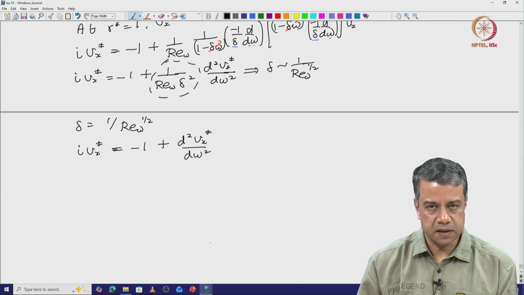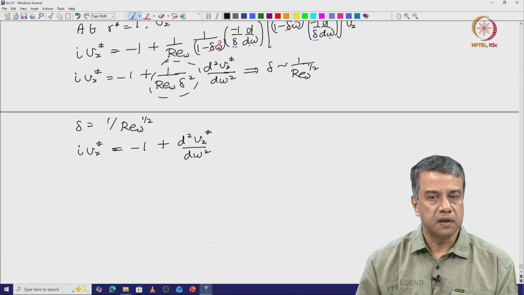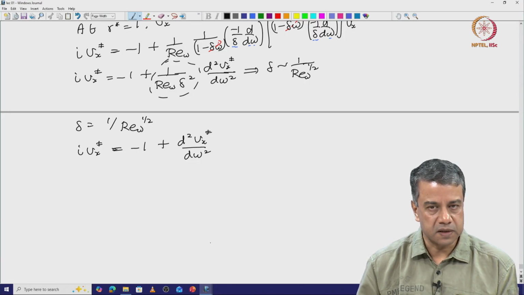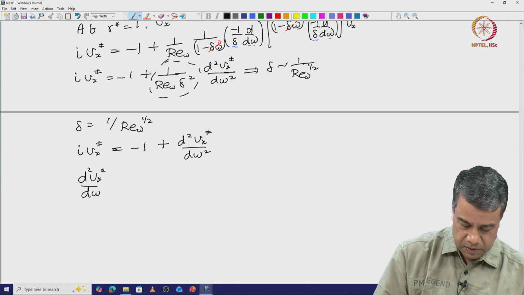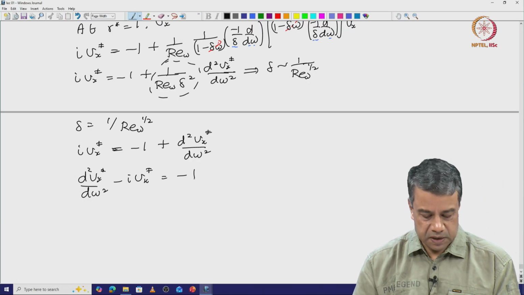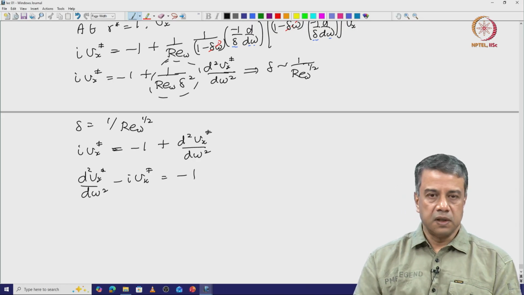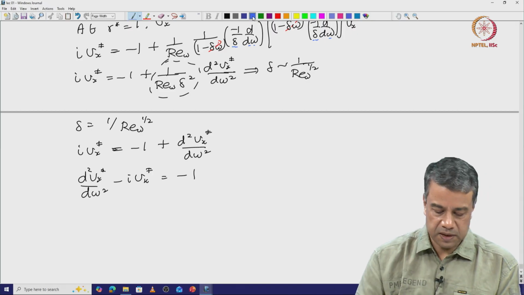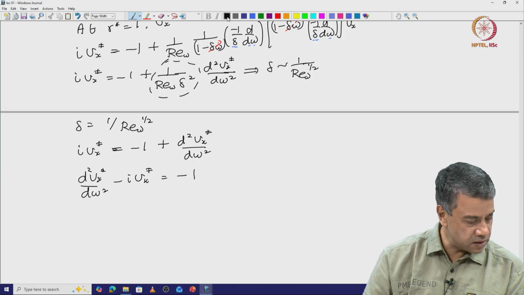This is once again an inhomogeneous equation, which consists of a general solution, which is a solution of the homogeneous equation d square Vx double dagger by dw square minus I Vx is equal to minus 1. The general part solves the homogeneous equation with the right side set equal to 0. The particular solution is any one solution that satisfies the equation. The simplest particular solution is a constant.